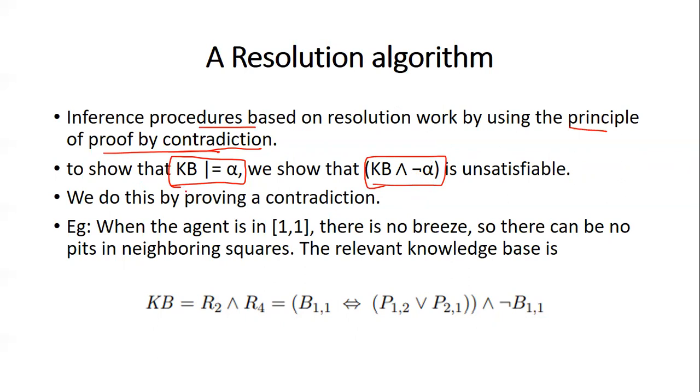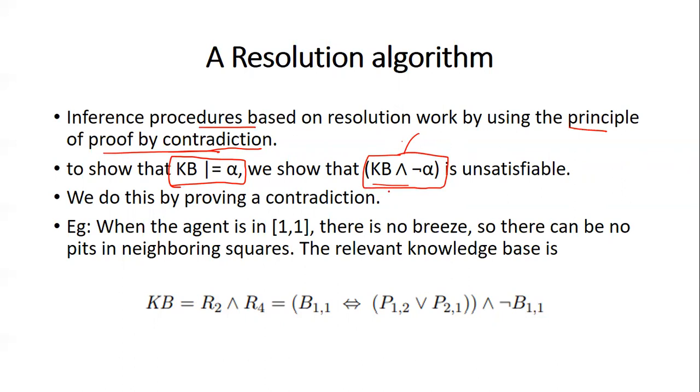Because here KB entails alpha means what? Wherever KB is true, alpha is also true. That is what it says. So proof by contradiction means whenever KB entails alpha is true, we will prove that by proving that KB and not alpha is unsatisfiable.